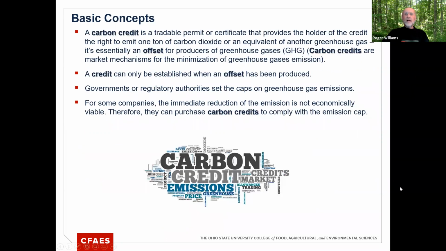A carbon credit, then, is a tradable permit or certificate that gives the holder the right to emit 1 ton of carbon dioxide or an equivalent of another greenhouse gas. It's essentially an offset for producers of greenhouse gases.